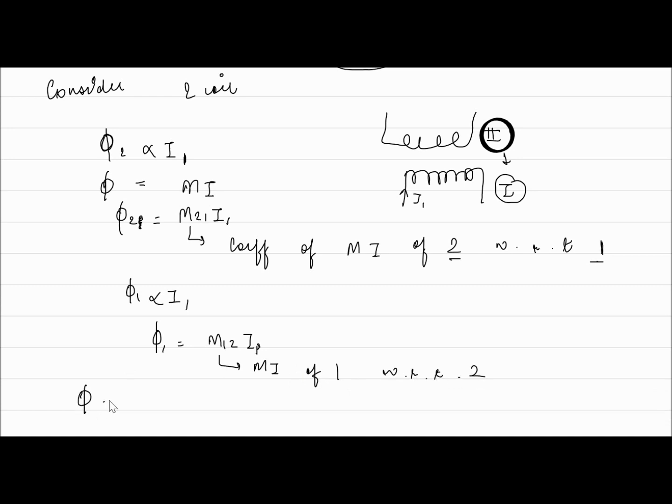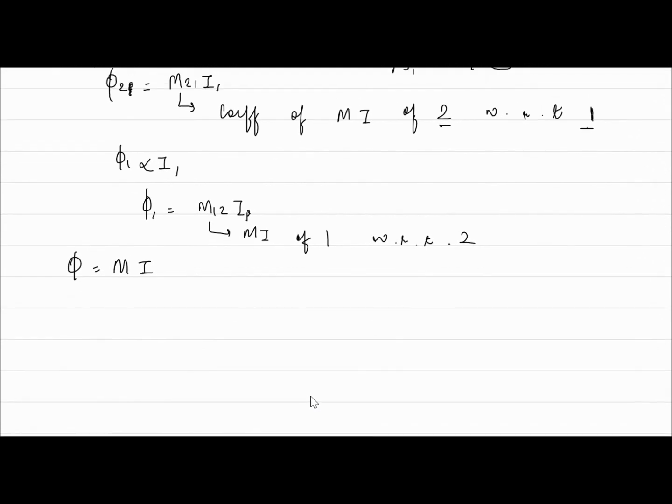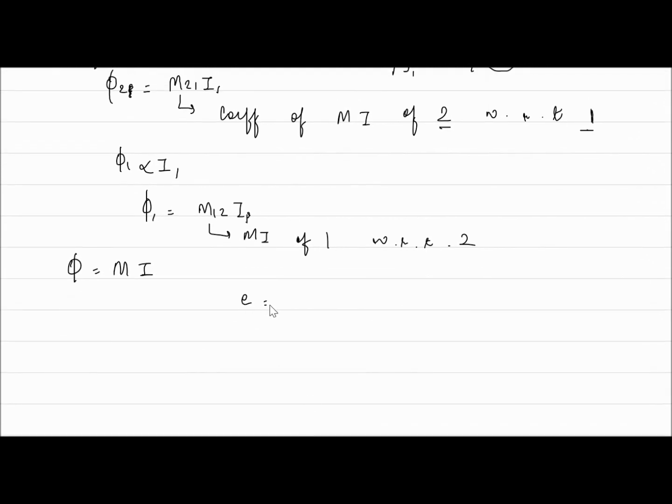So we know in general phi is equal to Mi, and we know EMF is equal to d phi by dt, and we can write phi as Mi, so d(Mi) by dt.